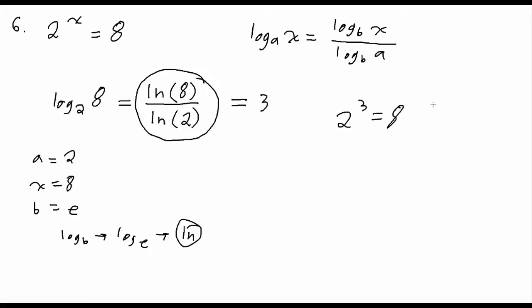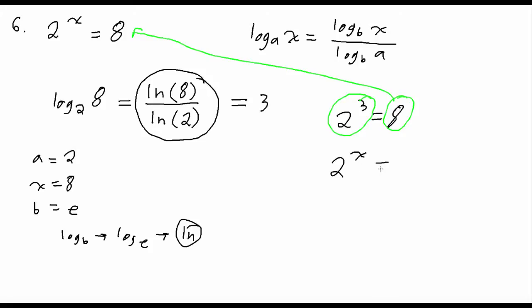So now that we have this, we can replace 8 in our original equation up here with 2 to the third power, because we know that 2 to the third power is equal to 8. So we now have 2 to the x equals, which is from up here, 2 to the third, which is the same as 8.